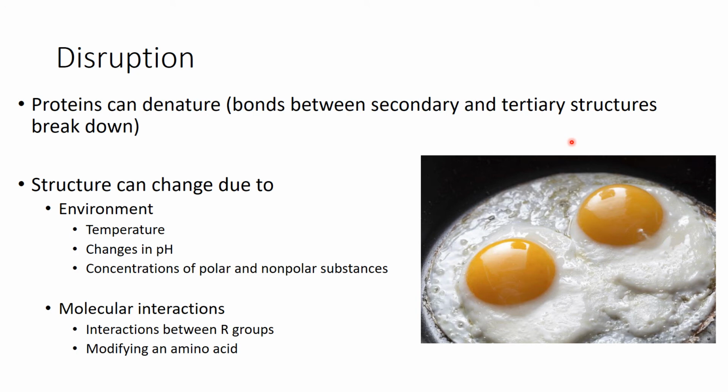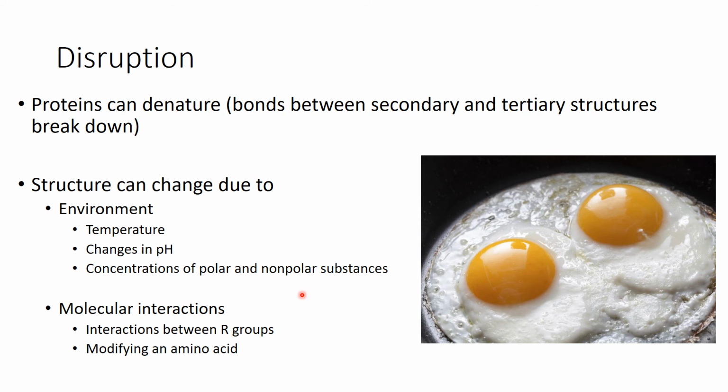Two of the big things that denature stuff are temperature and changes in pH. When we talk about enzymes a little bit, that's a big thing that can affect how an enzyme works, and we'll talk about an enzyme being folded. That's another lecture though. You can also do it by submerging proteins in really high concentrations of either just polar or nonpolar substances that can cause the interactions to break down also.